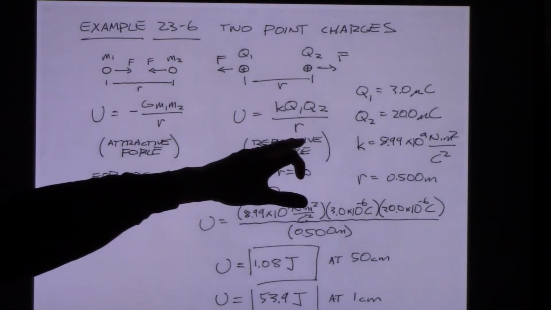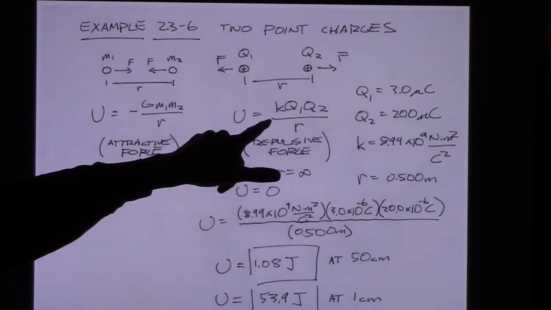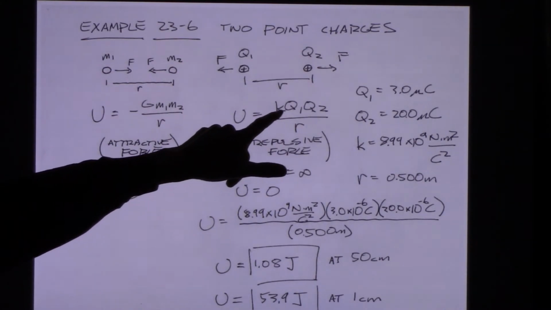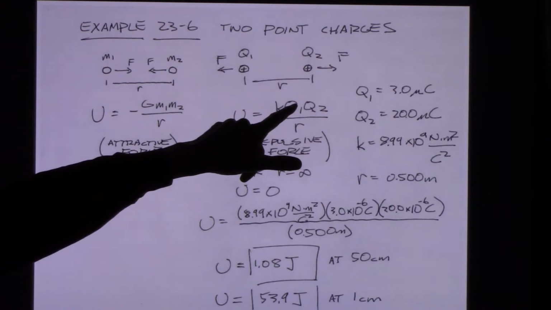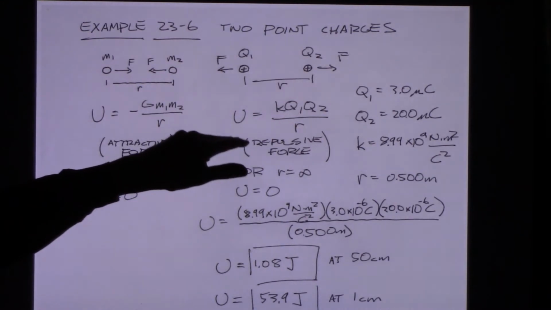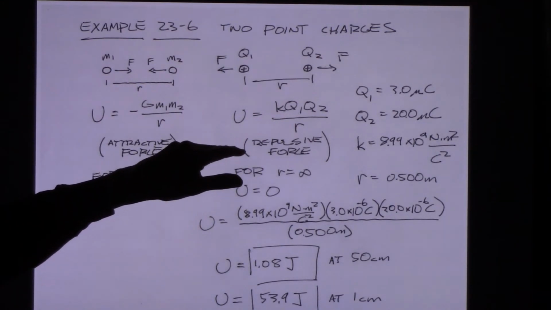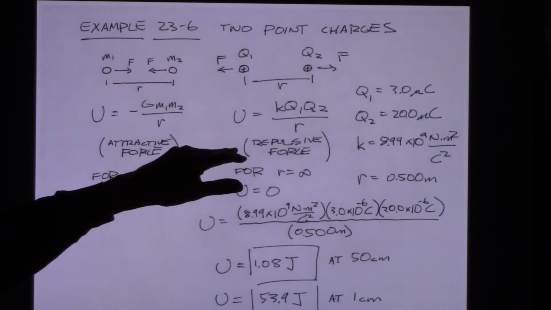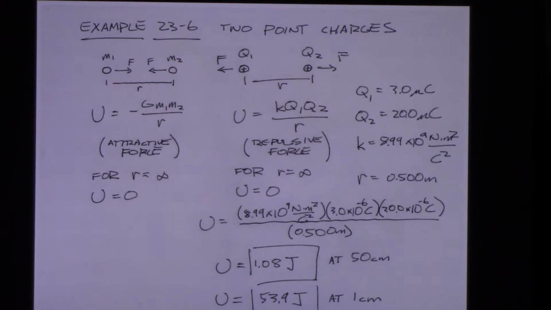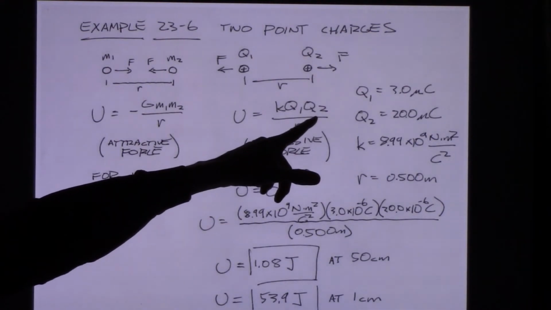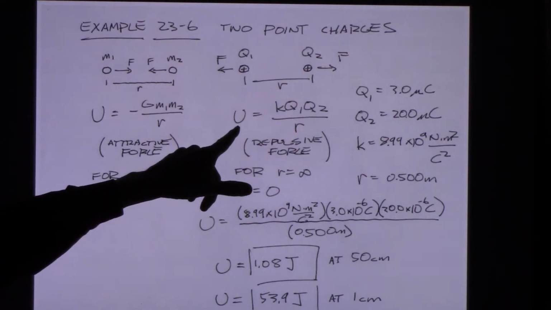Well, the formula itself does not have a negative sign on it. And if both Q's are positive, if both Q's are negative, the overall potential energy is positive. If one of these Q's is positive and one is negative, then this becomes negative.